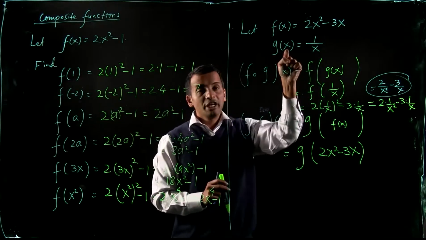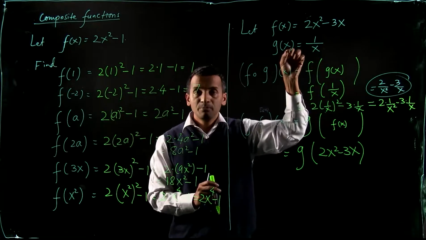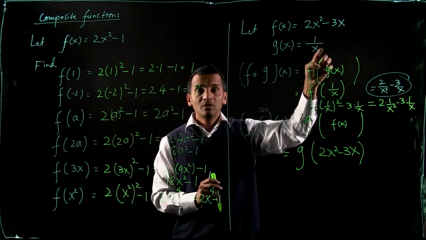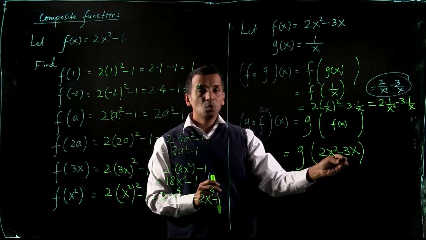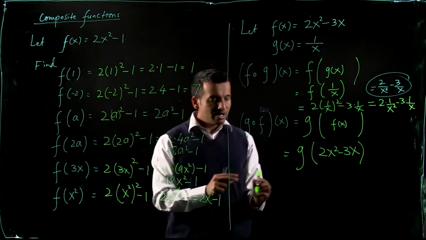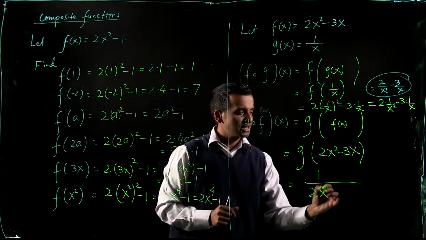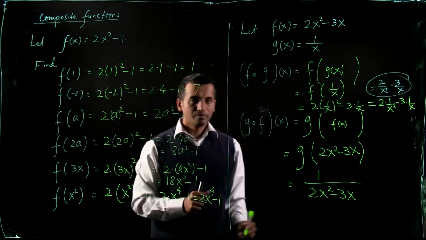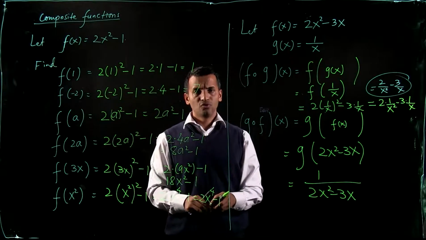For g, if the input is x, then the output is 1 over whatever input you had. So 1 over the input. But here the function g has input 2x squared minus 3x. So what should the output be? It should be 1 over the input, right? So 1 over 2x squared minus 3x. That's it. So this is how we find the composition of two functions.